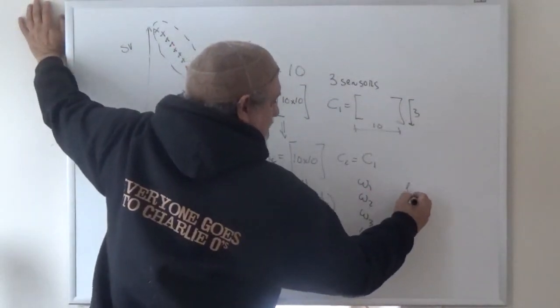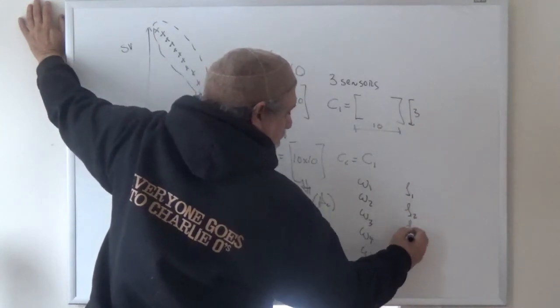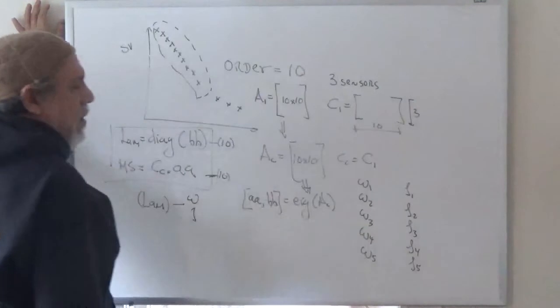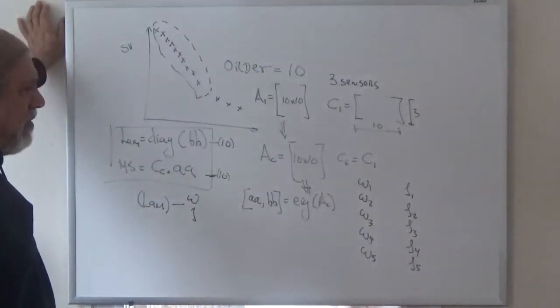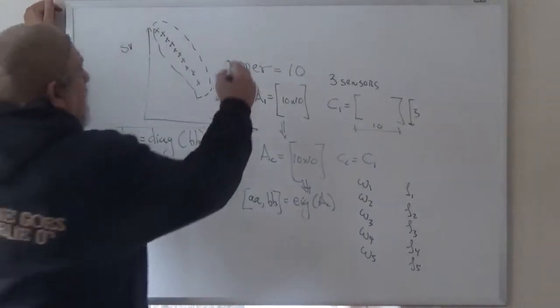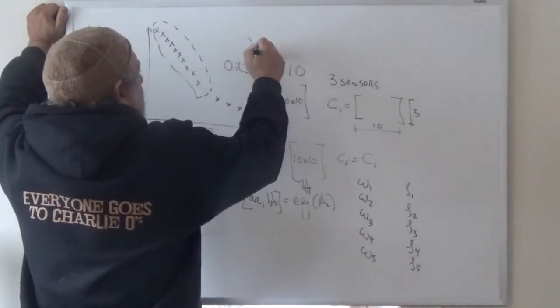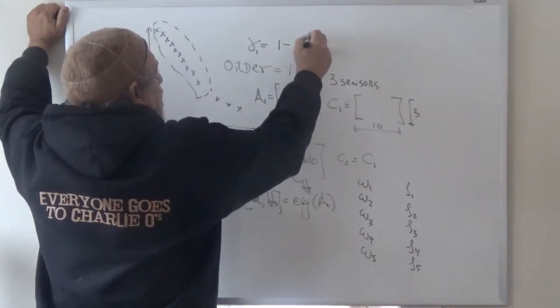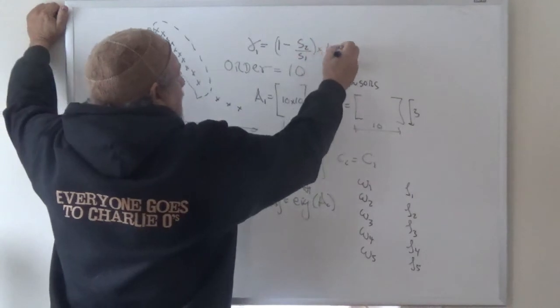And we have psi 1, psi 2, psi 3, psi 4, psi 5, right? So we have our 5 frequencies, we have our 5 damping ratios, and then we can calculate our gammas, our modal collinearity index for each mode, like this, right?